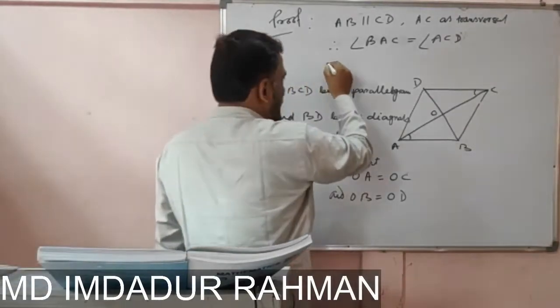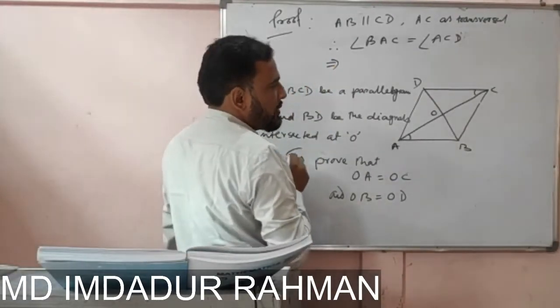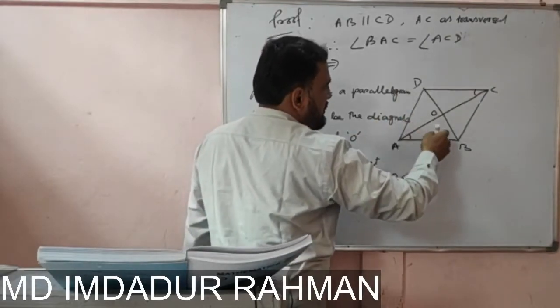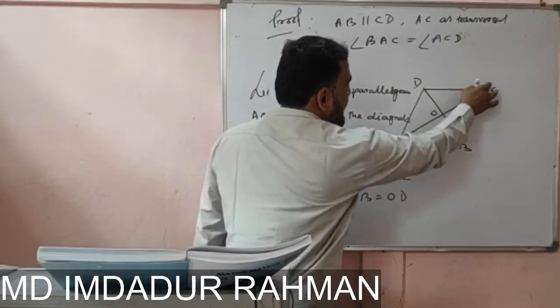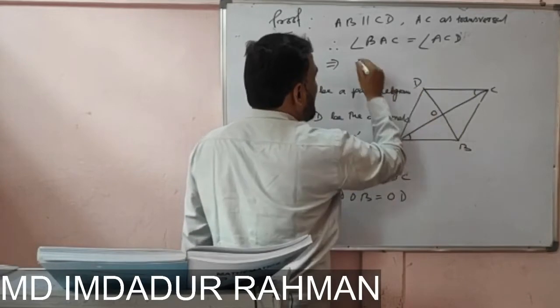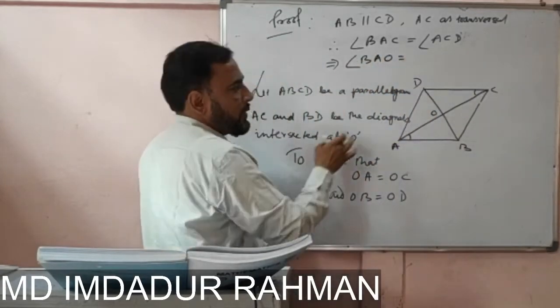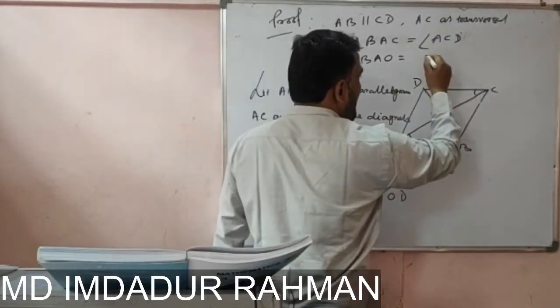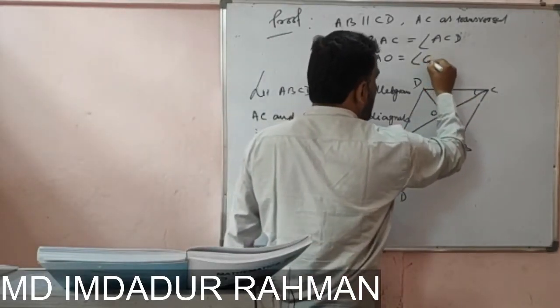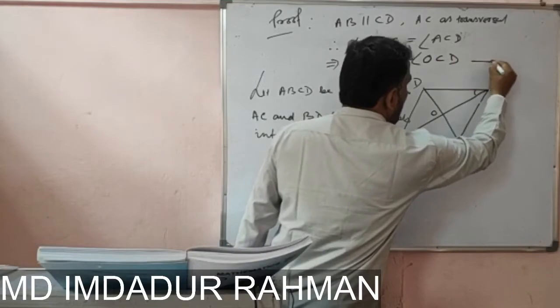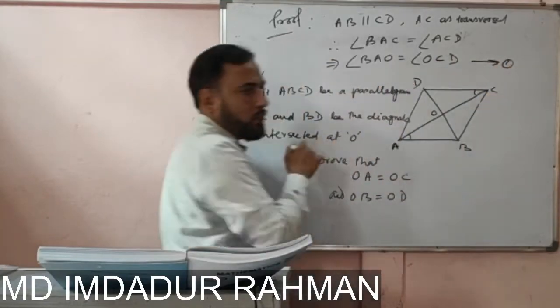Here you can write angle BAC as BAO, which is equal to angle ACD, which we can write as angle OCD, and we will mark it as equation number 1.